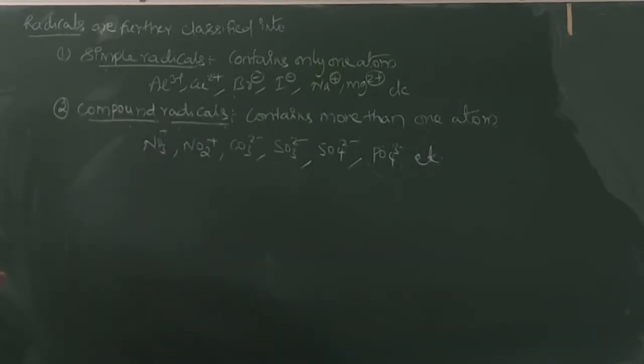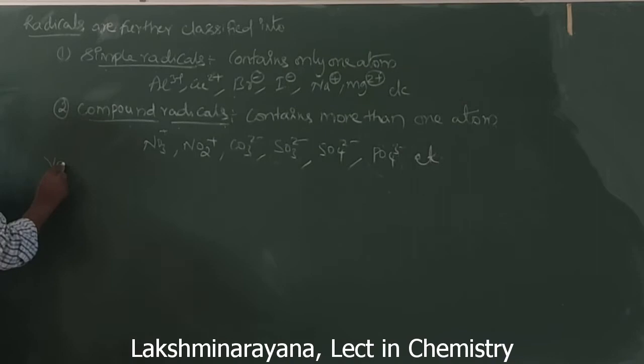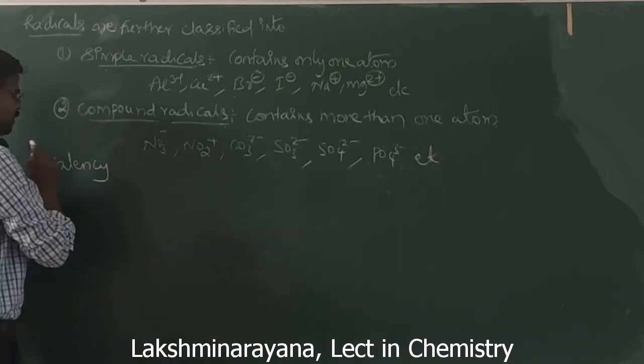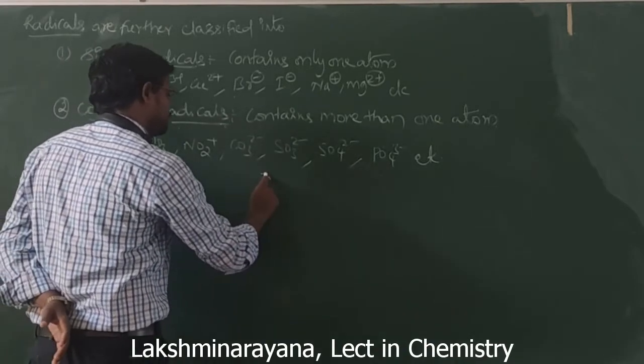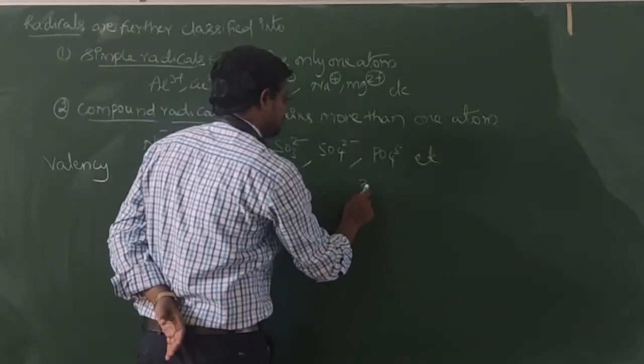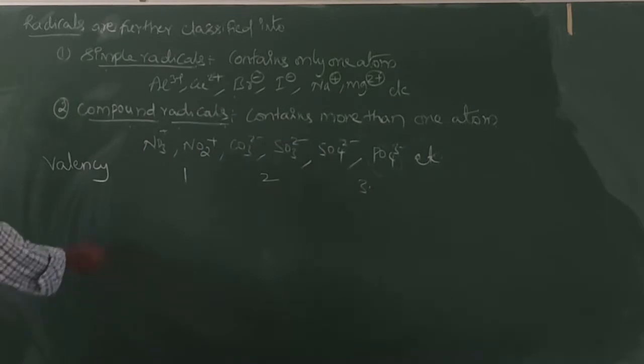And if you see the list of some radicals, there are valency 1 radicals, valency 2 radicals, and valency 3 radicals.